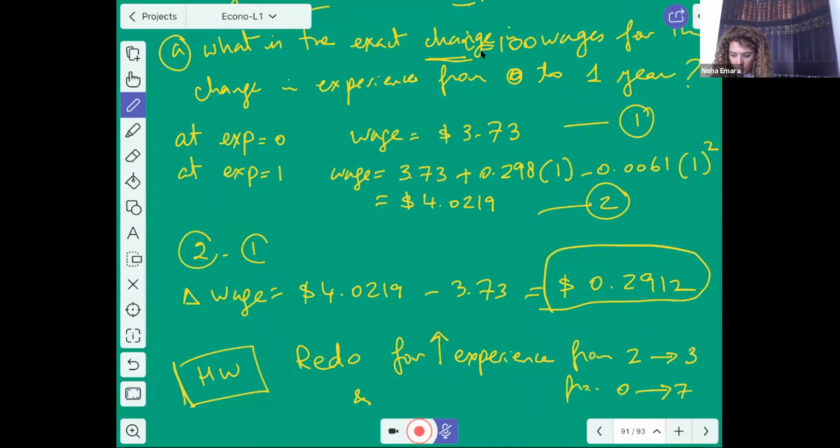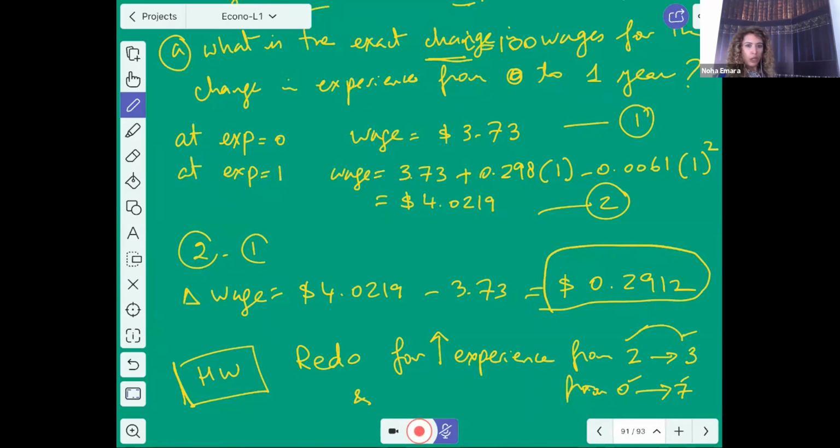I want you to give me 2 numbers next week, and I'm going to call your names and ask you what number you got. You just need to plug in these numbers, one time for 2, one time for 3, get the difference; one time for 0, one time for 7, and get the difference. The intuition behind that, I'm going to talk about next week.